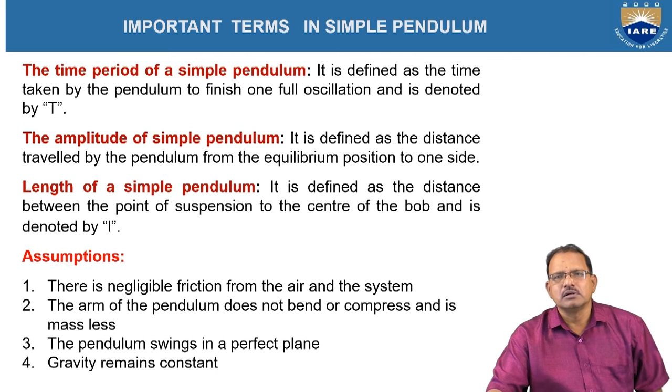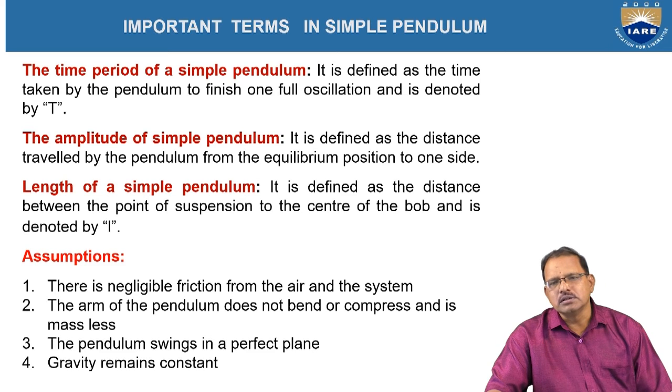Assumptions. While deriving the above terms, we assume that there is negligible friction from the air and the system. The arm of the pendulum does not bend or compress, and it is having negligible mass.